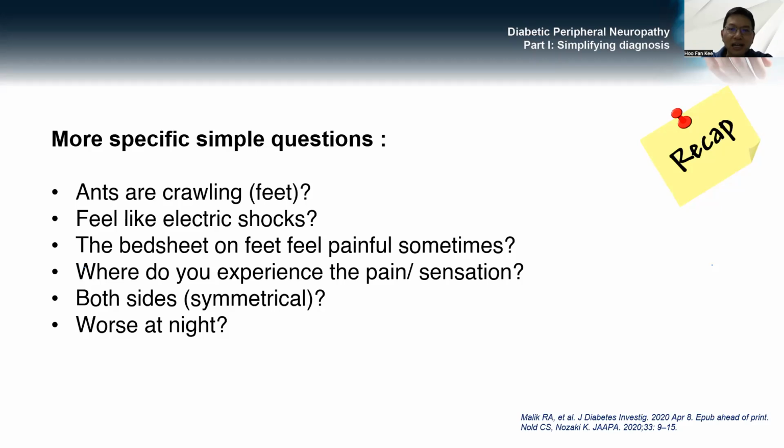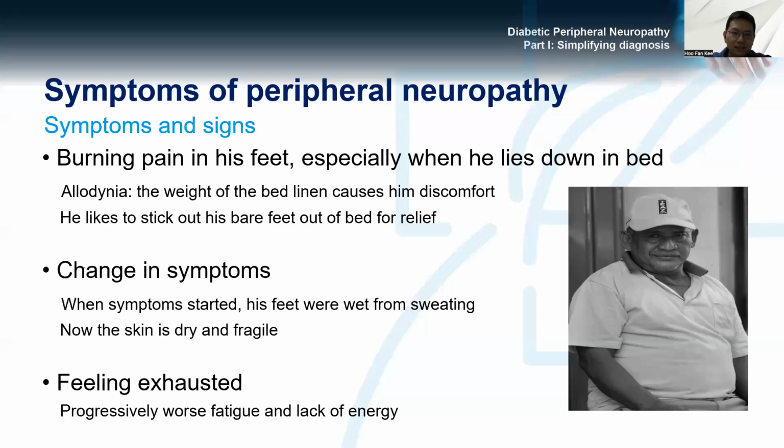Most of the time what we try to get is actually the negative symptom, which is hypoesthesia or anesthesia, which is reduced sensation or they don't feel the sensation at all. The positive symptoms are also considered part of peripheral neuropathy. Pain, basically, right? Yes, this is one example. So any other specific questions?